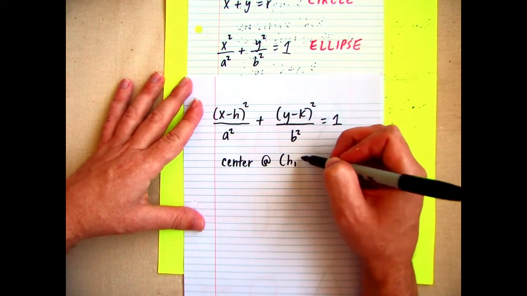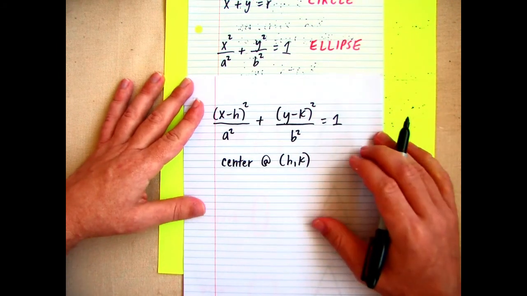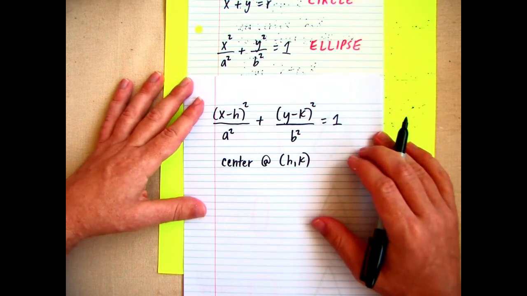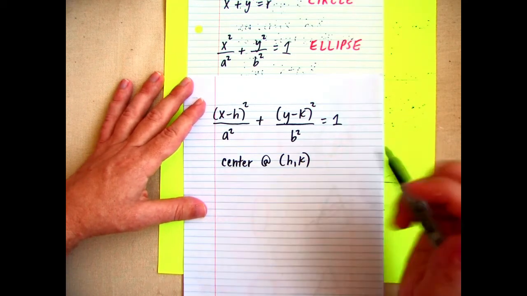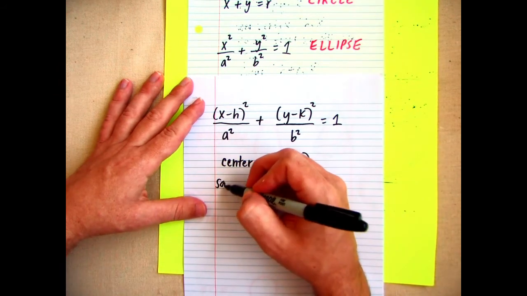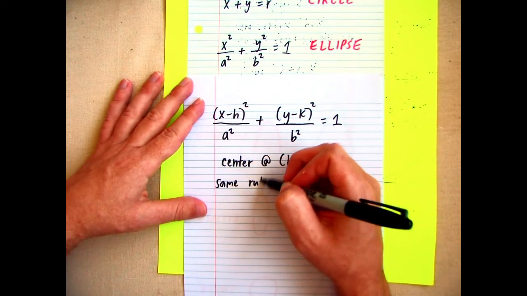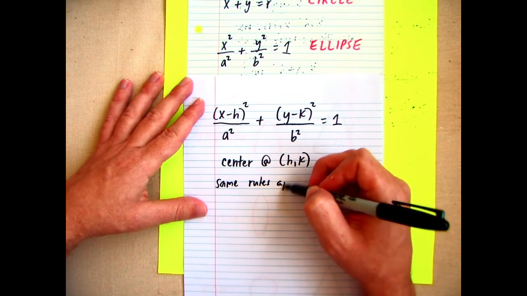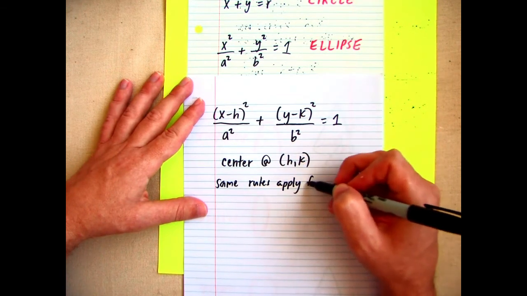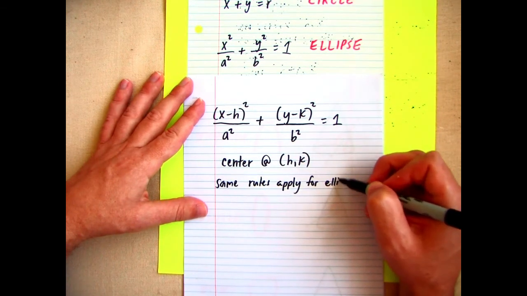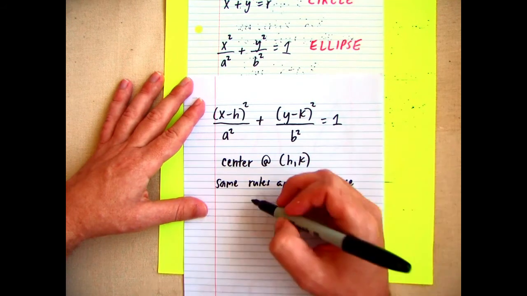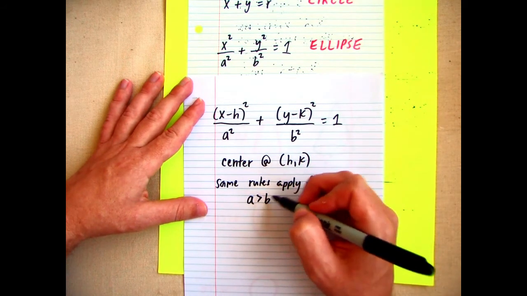And just like we graphed them before, we're going to be concerned with A and B. A is how wide the ellipse is. B is how tall the ellipse is. But same rules apply. So we want A to be greater than B, greater than 0.